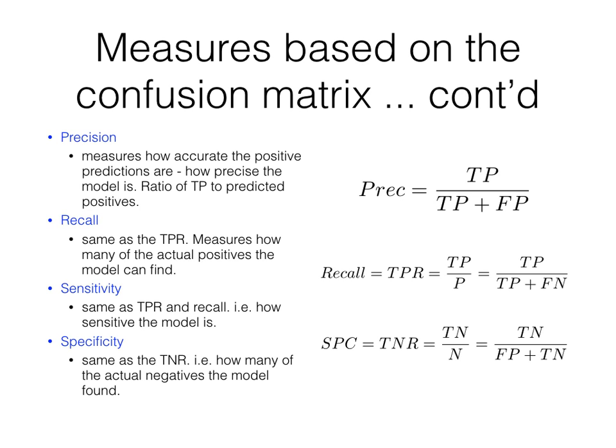We've also got sensitivity and specificity. Sensitivity is the same as true positive rate or recall, and it's how sensitive the model is. And then specificity is the same as the true negative rate, and that's just how many of the actual negatives the model found. Sensitivity and specificity you tend to see in scientific kinds of applications.